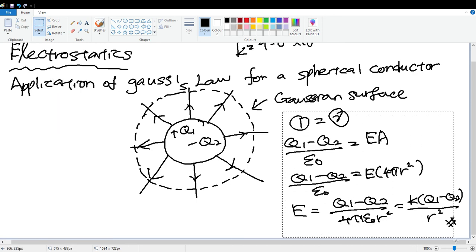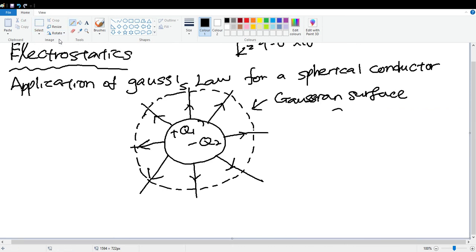As for the addition, what we need to know is that inside the sphere, the electric field strength is equal to 0.